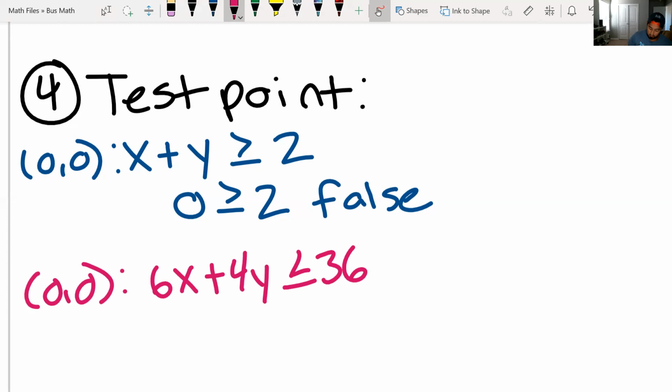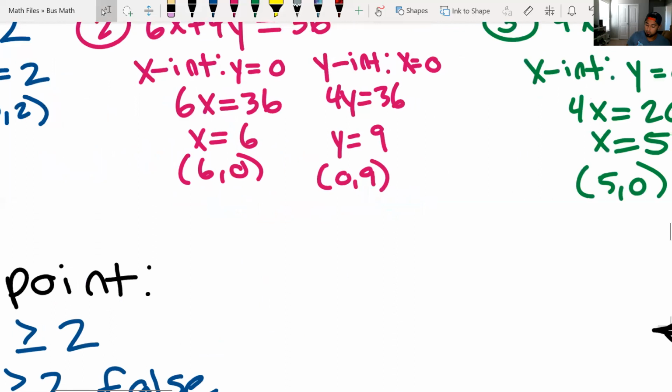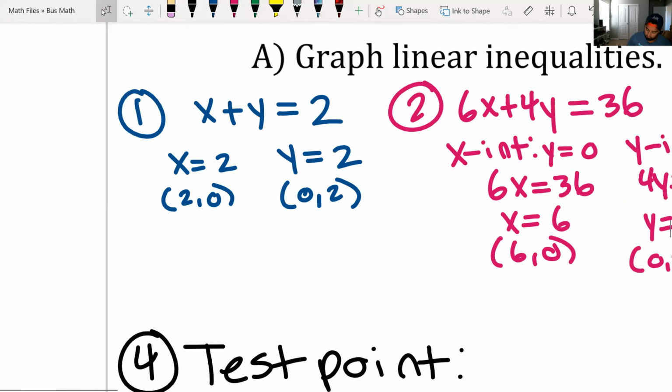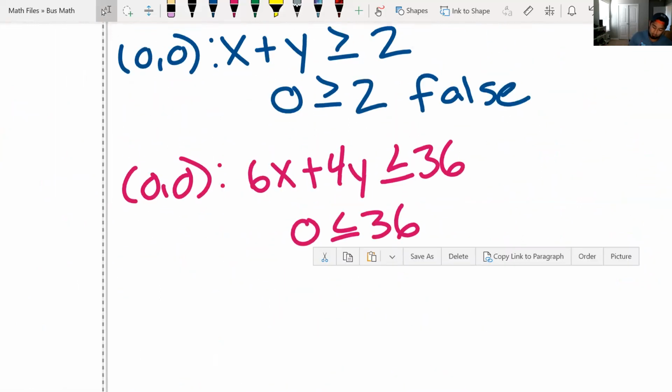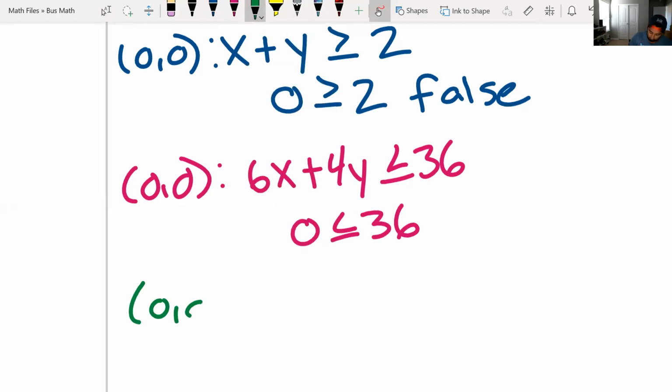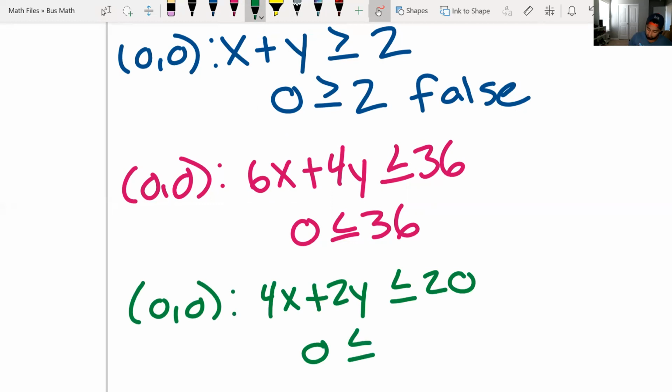We'll get 0 less than or equal to 36, which means we'll shade towards 0. And the same for the green one. 4x plus 2y less than or equal to 20. So these both are true, which means we'll shade towards 0.